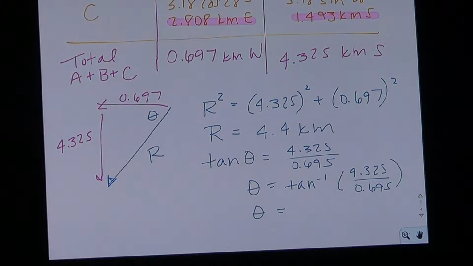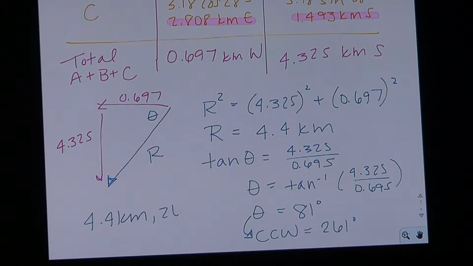Okay, good. So let's just go ahead and say 81. And then CCW, that would be what? $261. Good. So it's going to be 4.4 kilometers, 261.